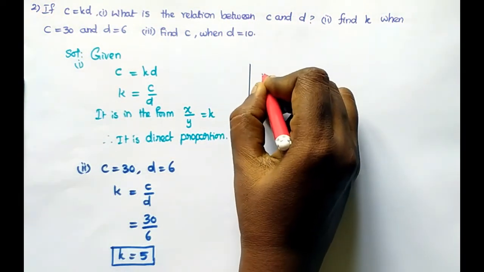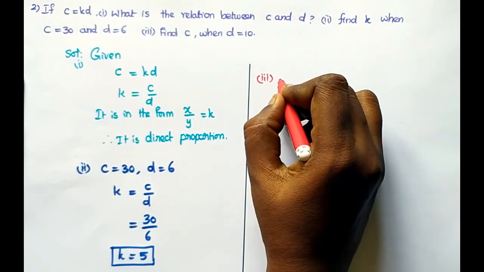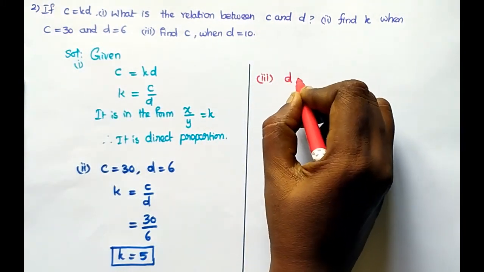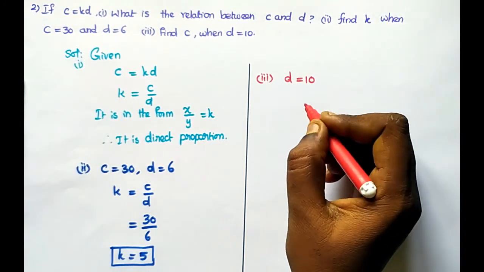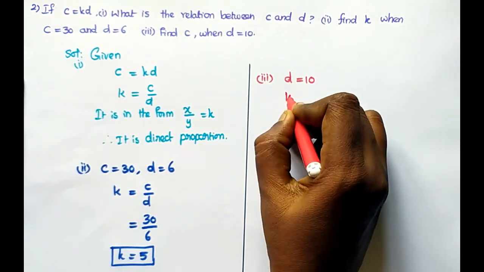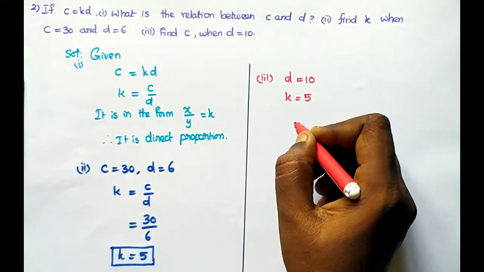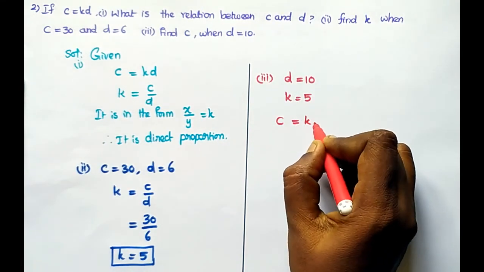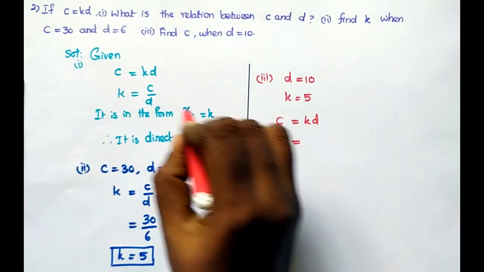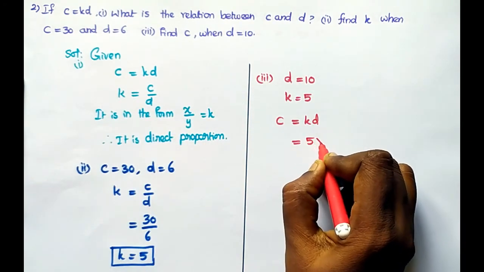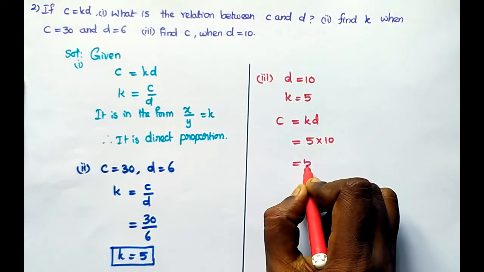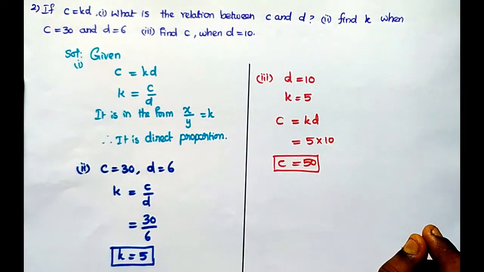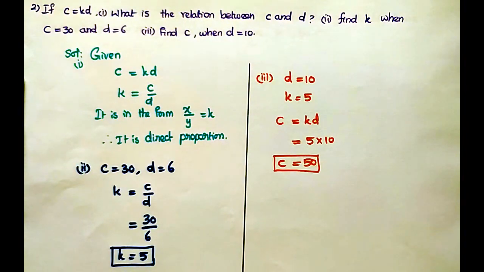Third subdivision, find C when D equals 10. D equals 10 they have given, and we found K equals 5. And what is C? That means K into D, so 5 into 10, 50. That is the C value when D equals 10. That is the answer.